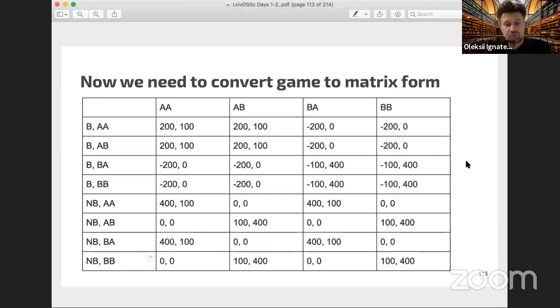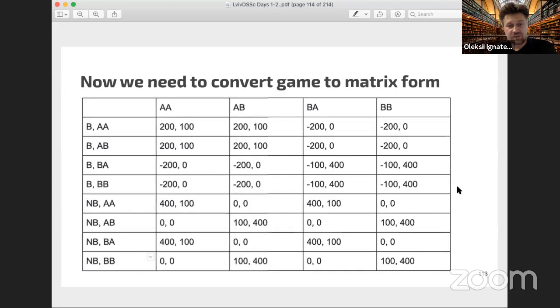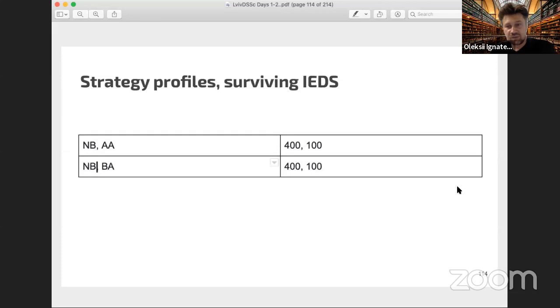If you remove dominated strategies, you reduce this matrix, and you will finish with these 2 possible strategies, where player 1 does not burn money and plays A, because the first letter is irrelevant, as it is for burning money.